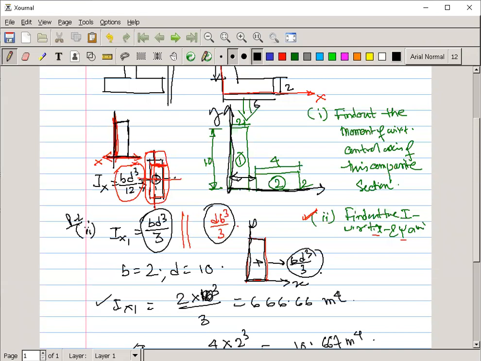And last class I derived this formula also, na? bd cube by 12 for the centroidal axis, and bd cube by 3 for a body when the axis passes through the edge. Now for the present problem, on the x-axis both 1 and 2 lie, with one edge connected with the x-axis, but in case of the y-axis, only body 1 is attached. Is there any connection of body 2 with the y-axis?